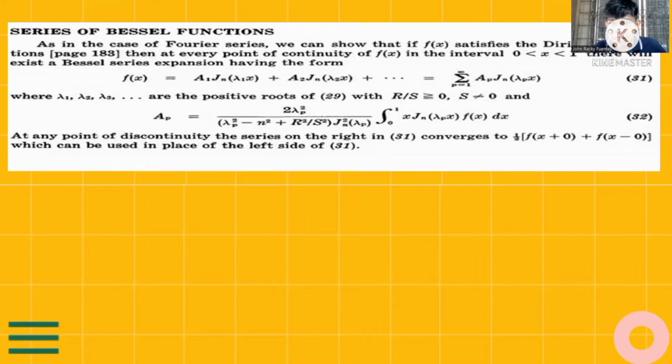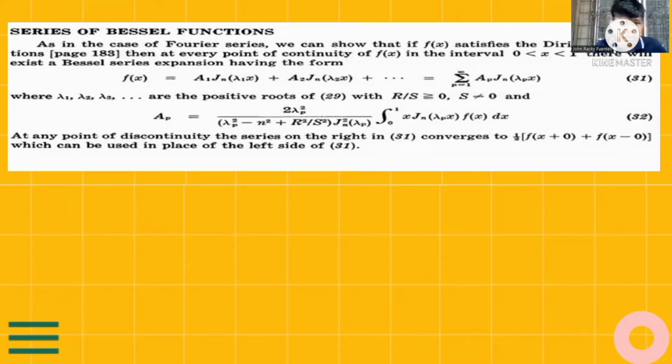So s is not equal to 0 and a sub d is equals to 2 lambda sub d squared all over (lambda sub d squared minus n squared plus r squared over s squared) j sub n squared lambda sub d, times the integral from 0 to 1 of x j sub n lambda sub d x f of x dx.